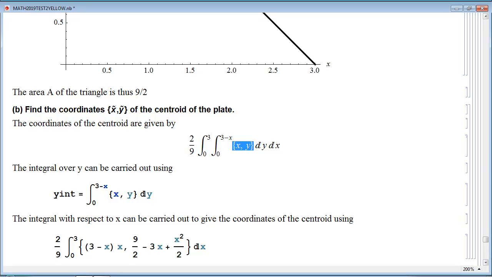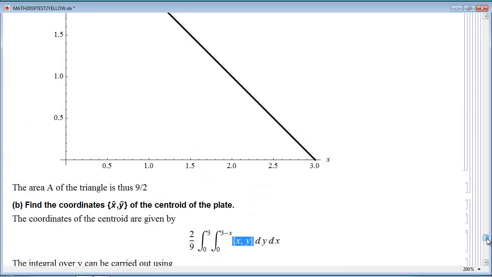We can most easily do that by first integrating with respect to y from y equals 0 up to the line y equals 3 minus x, and that will give us this integral. And then when we've done that, we want to integrate the result from 0 to 3 with respect to x.